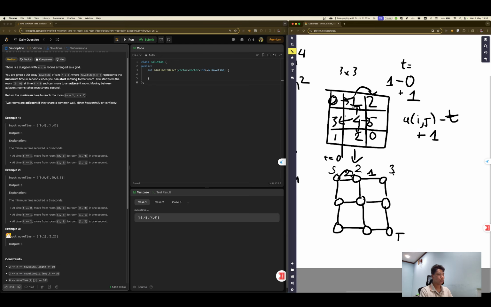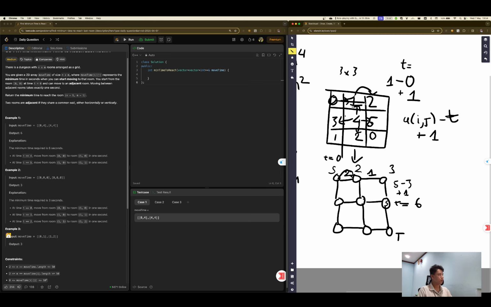Now you are at t is 3, and for example you want to move to the room below, you need to wait until 5, right? That means you need to wait 5 minus 3, plus 1 as the cost of moving, so it takes you 6. So t equals 6 now.